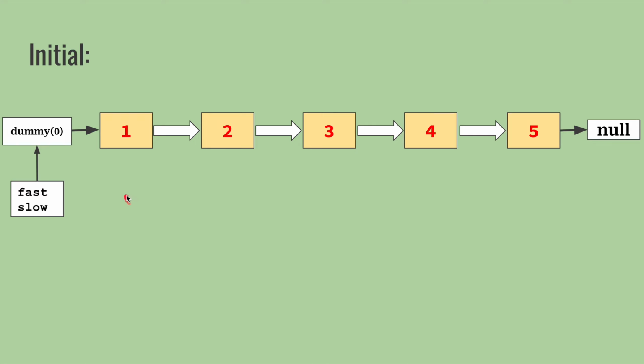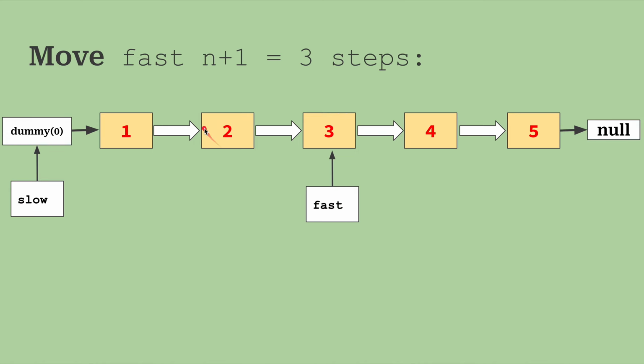So n plus 1 steps ahead it will go, means 3 steps. N is 2, 2 plus 1 is 3. So 3 steps ahead we have to go: 1, 2, 3. Fast will reach here.